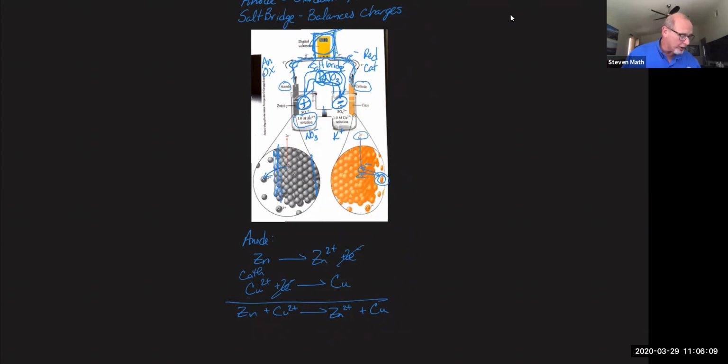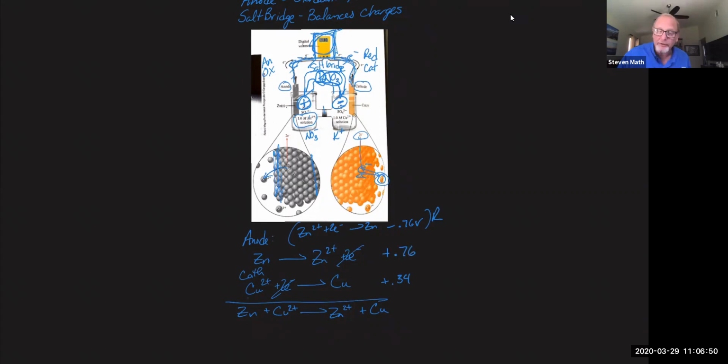We have a reduction potential of zinc 2 plus plus 2 electrons goes to zinc, and that reduction potential is a negative 0.76 volts. We also have one for copper that is a positive 0.34. These are written as reduction potentials. Our zinc is going through oxidation, so what we do is we reverse this and we reverse the sign.